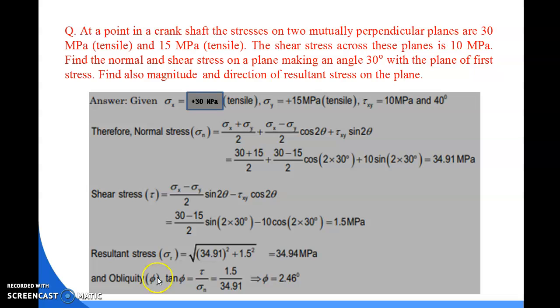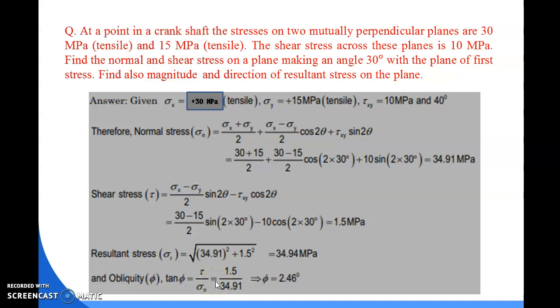The formula is tan phi equal to tau by sigma n, where phi is the symbol for the obliquity angle. So phi will be tan inverse of tau by sigma n.